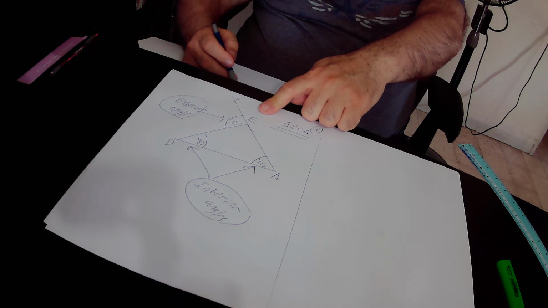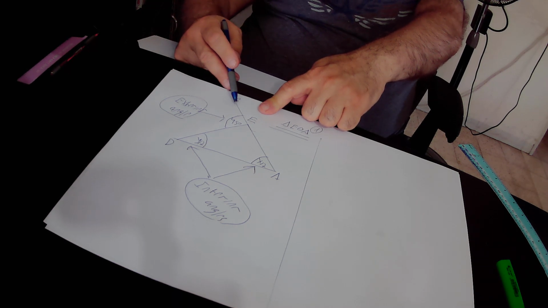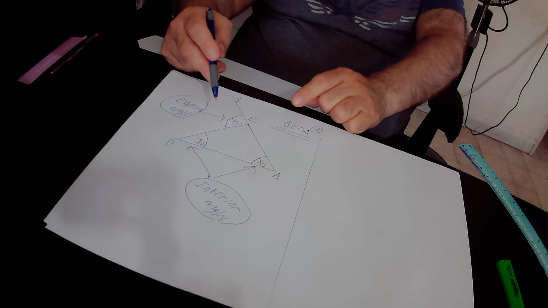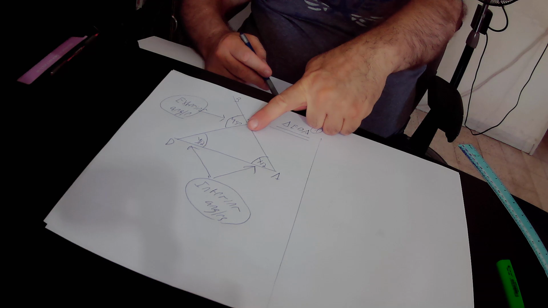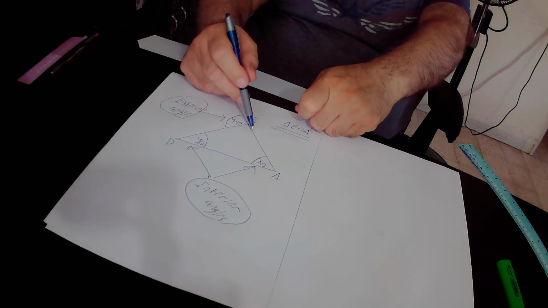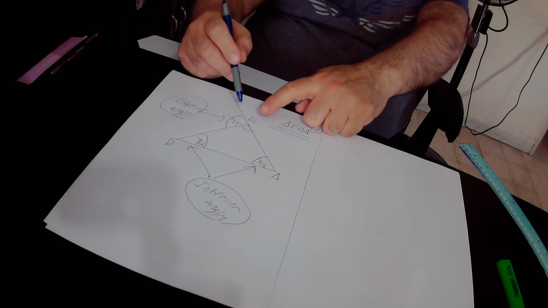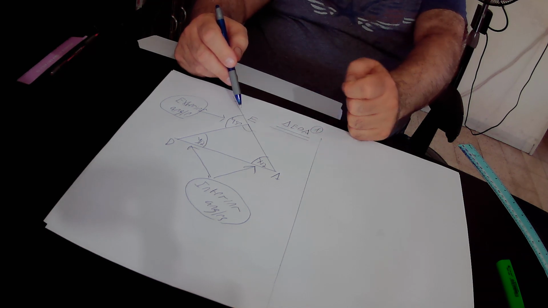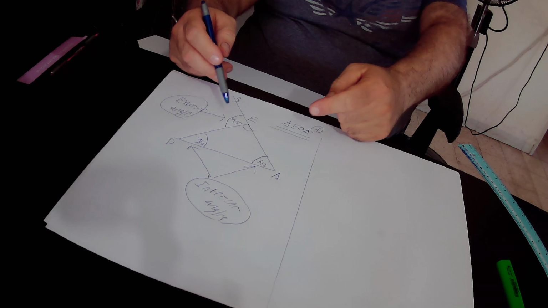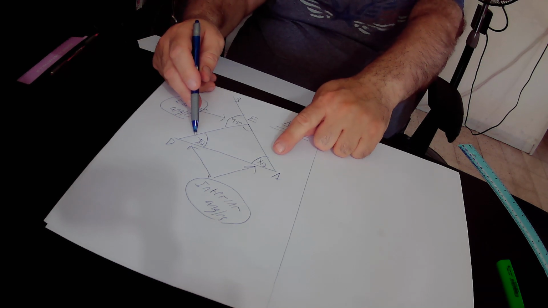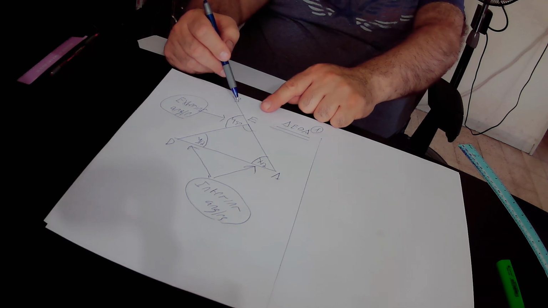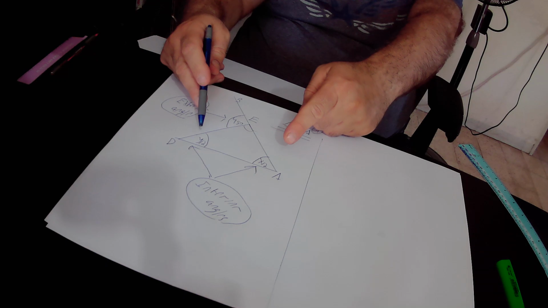And according to rule 4, the size of the exterior angle BED is equal to the sum of the two interior angles that are not adjacent to it. This is angle BED. This angle DEA is definitely adjacent to this angle BED. And the two other interior angles that are not adjacent to it are those two angles, x over 2 and y over 2. So according to rule 4, the size of this exterior angle BED is equal to x over 2 plus y over 2.